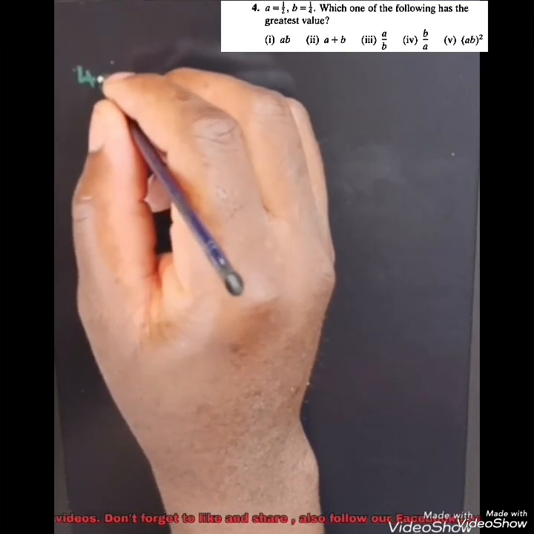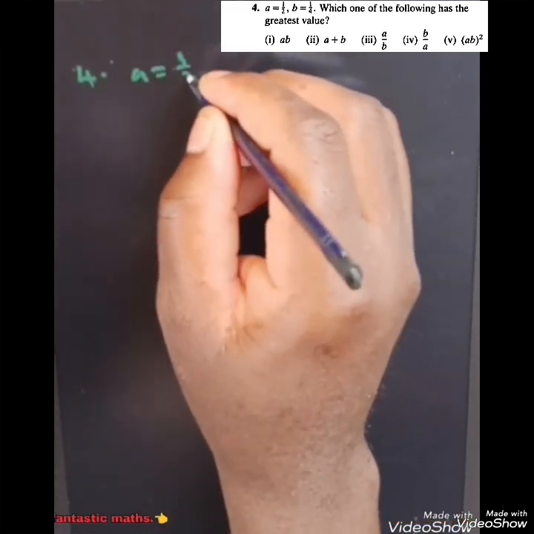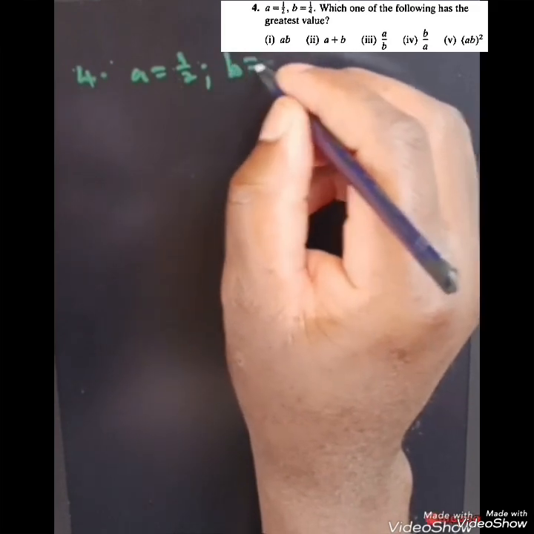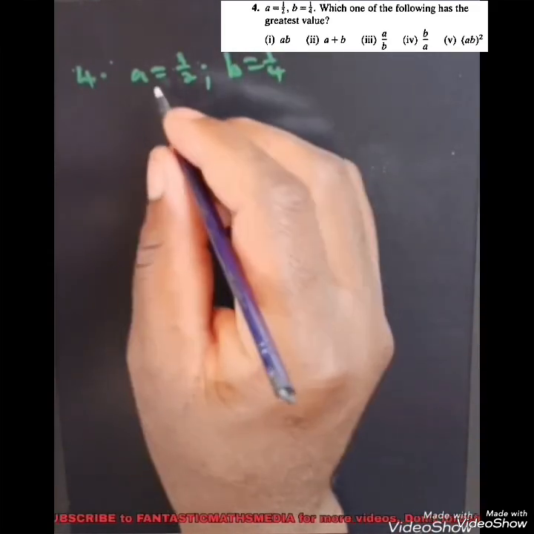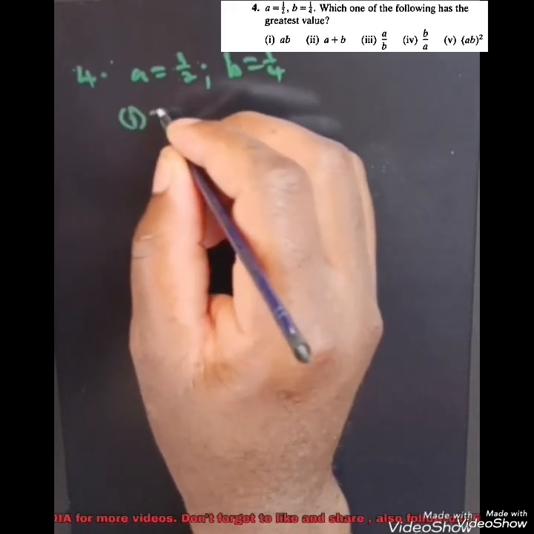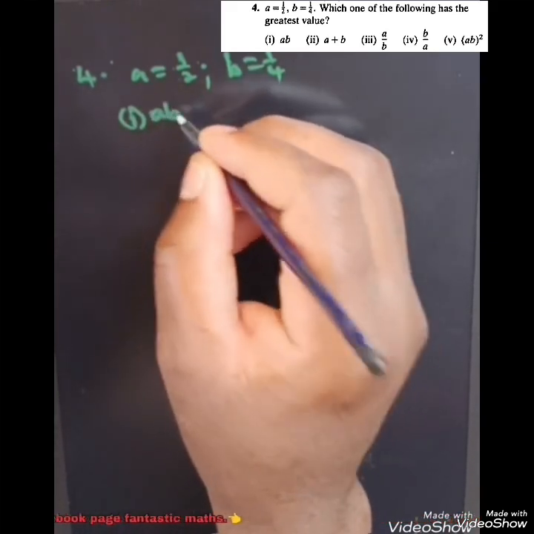Let's move on to question 4. It reads: A is equal to half, B is equal to quarter. Which of the following is the greatest value? Item A, B. We need to substitute the exact values for the variables A and B given in the question.